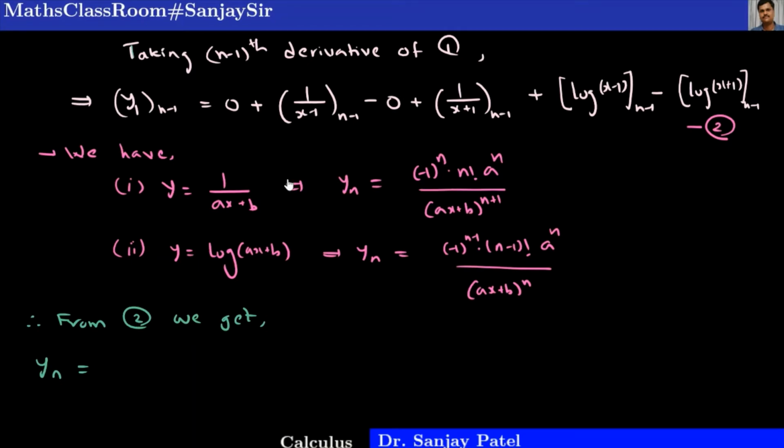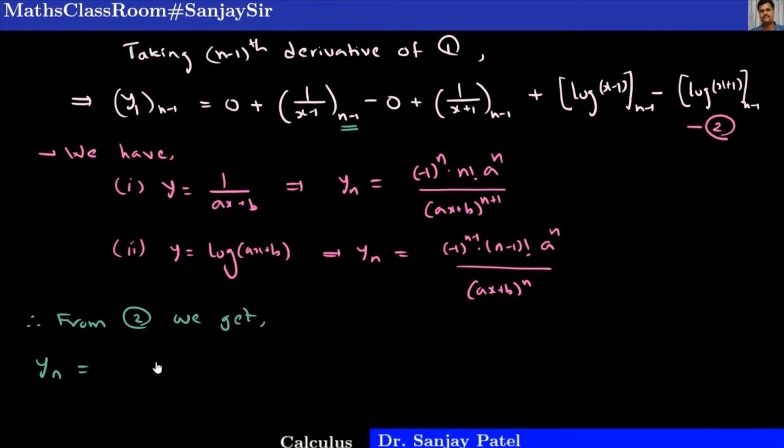This is 1 upon x minus 1, so ax plus b, where a is equal to 1 and b is equal to minus 1. What I want is n minus 1th derivative of 1 upon ax plus b. This formula is the nth derivative of 1 upon ax plus b, so I must replace n by n minus 1 to get n minus 1th derivative.